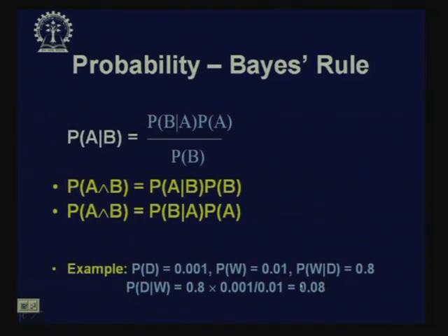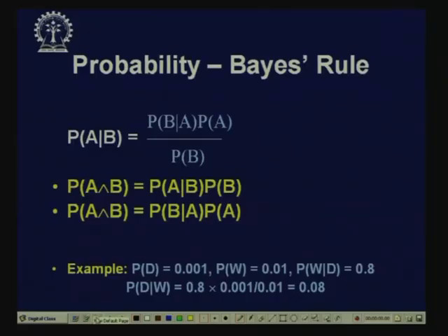So, I get a normalized probability of P(D given W) as 0.08. Now, this is a very important technique, and it has got far reaching implication. Just before concluding this lecture, I will try to say what it really implied, and this will form the basis of the next lecture also.